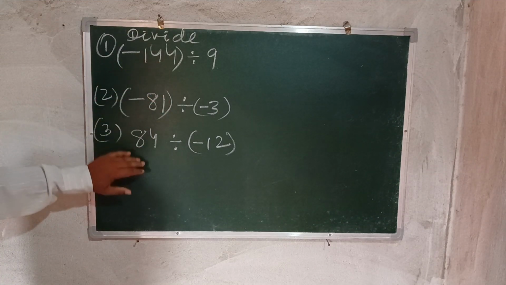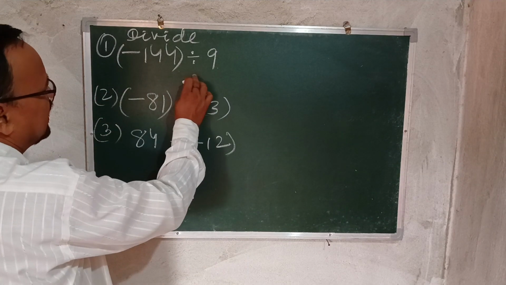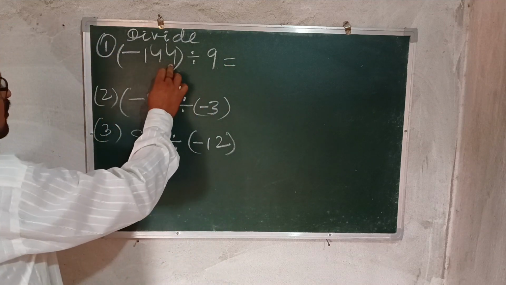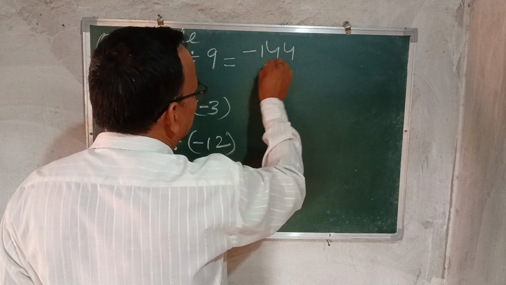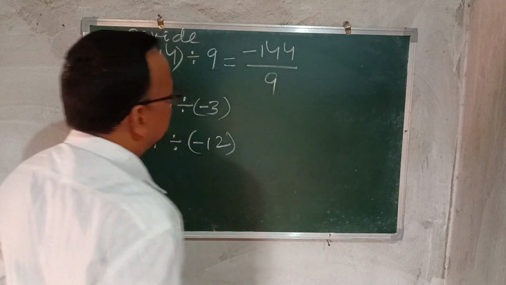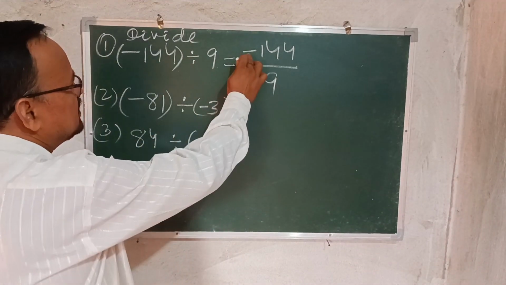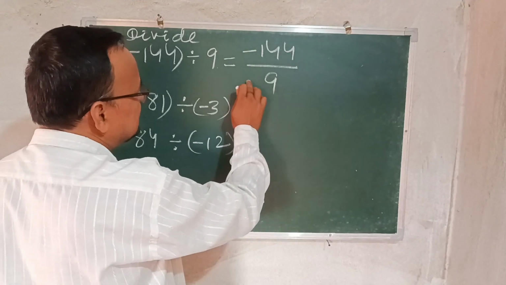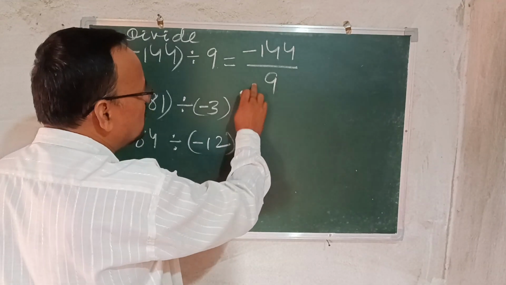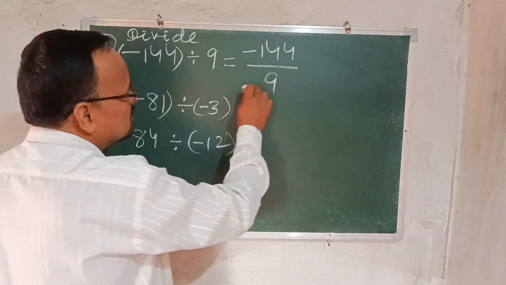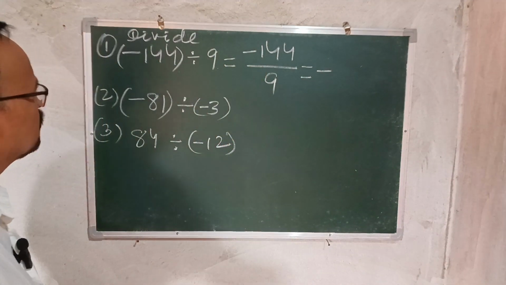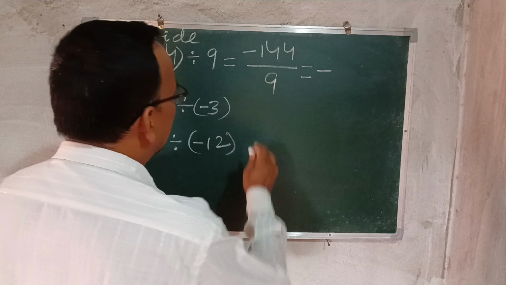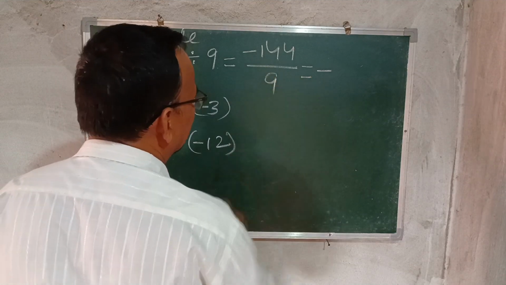So how to solve them? Number 1: minus 144 by 9. Here this is minus, and 9 has no sign, which means it is plus. Minus divided by plus is minus, according to the rules of division.